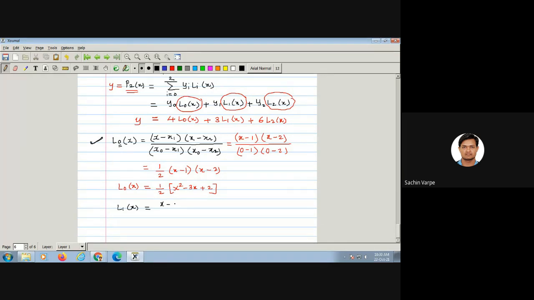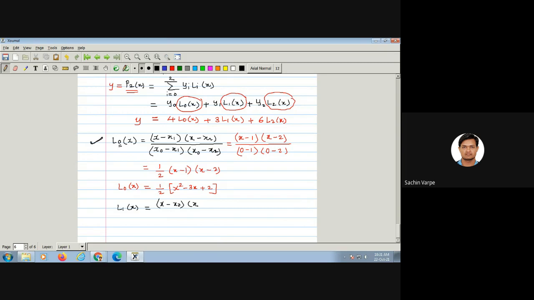So in simple manner, when we define L1 of x, that will be x minus x naught, right? Then x minus x1 will be there, but do I have to consider that? x minus x1 I'm excluding.